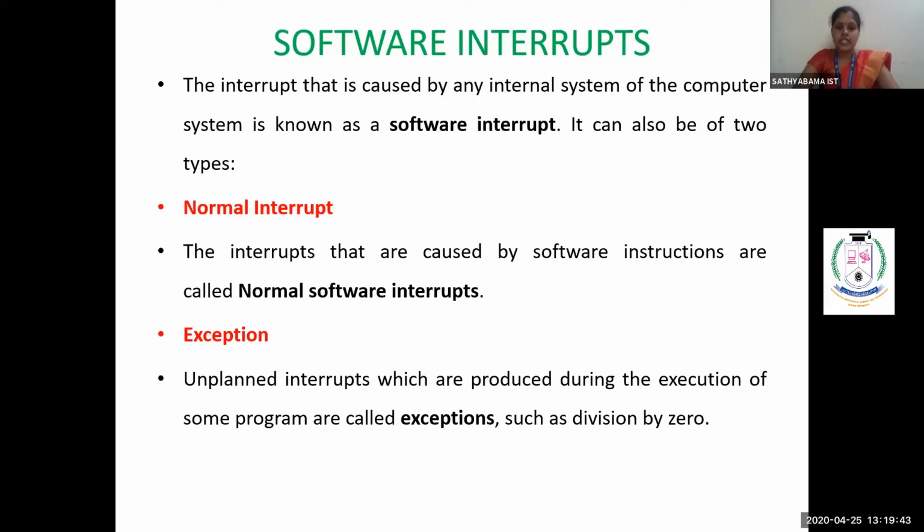Normal interrupts are those caused by software instructions. An exception is when you don't know why the interrupt is coming to the CPU. It's an unplanned interrupt. The CPU is executing one program and suddenly an interrupt comes. That is called an exception, such as division by 0.